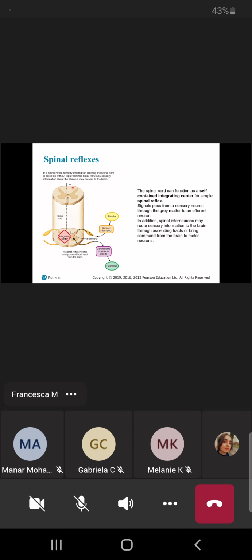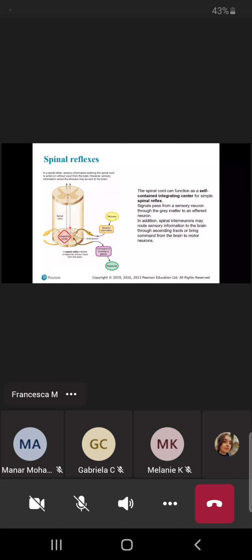An important function of the spinal cord is the spinal reflex. What does that mean? We mentioned several times the integrating center that is located in the brain, in the cortex. That is the center of the central nervous system that elaborates and processes the information and sends the output.